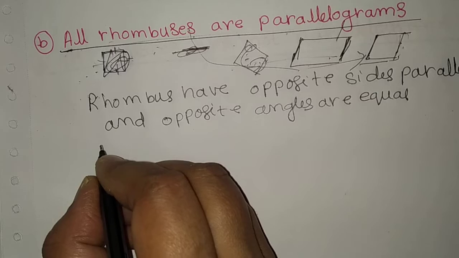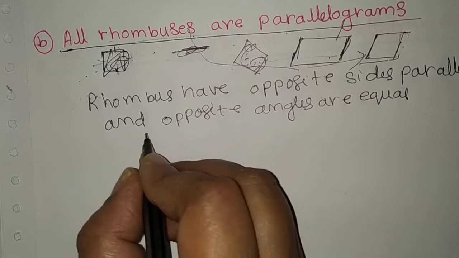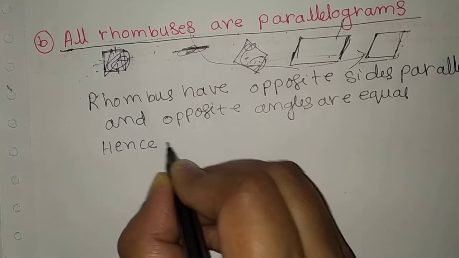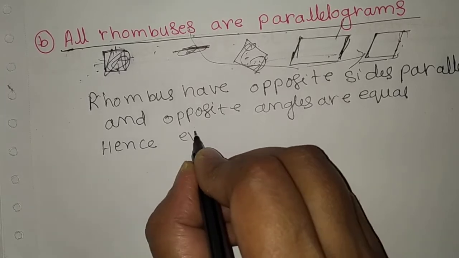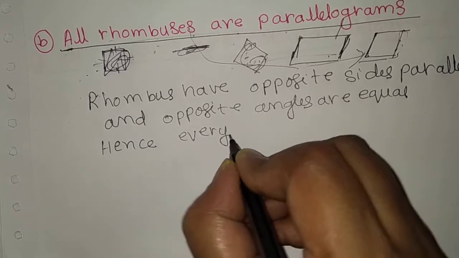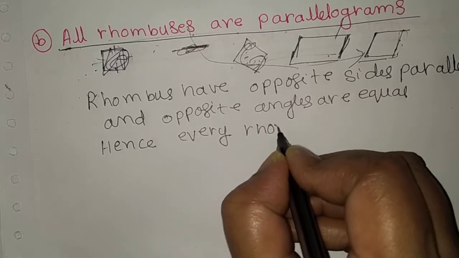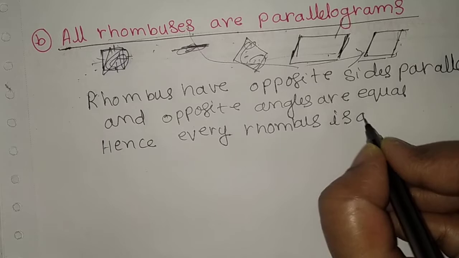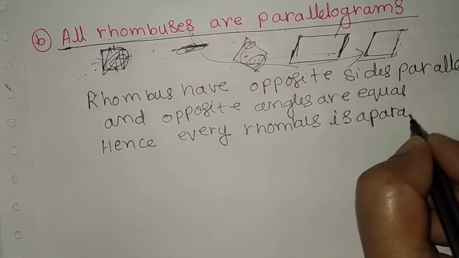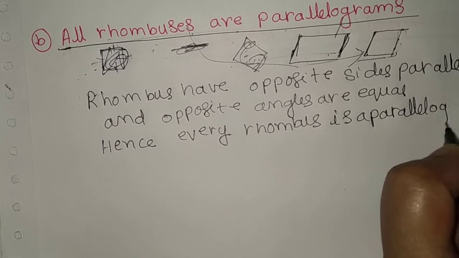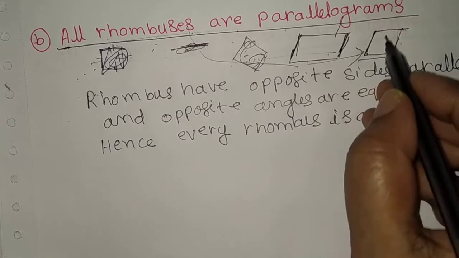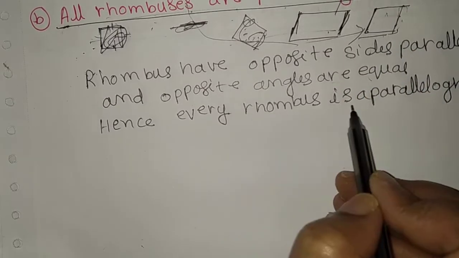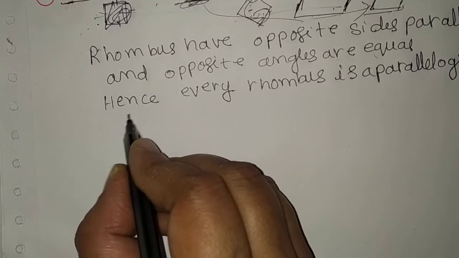So hence we say every rhombus is a parallelogram. The point given here is true. Here opposite sides are parallel and opposite angles are equal.